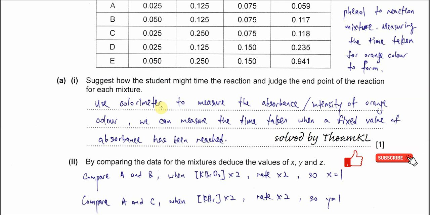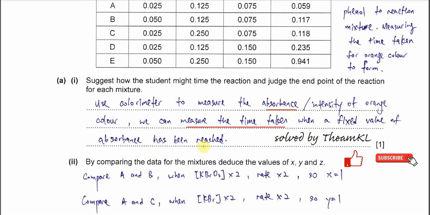If more color is produced, then there is higher absorbance. So when a certain amount of bromine is produced, when it reaches a certain absorbance, then we will stop the timing.